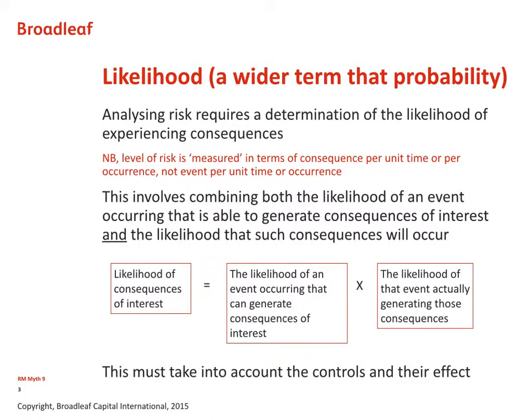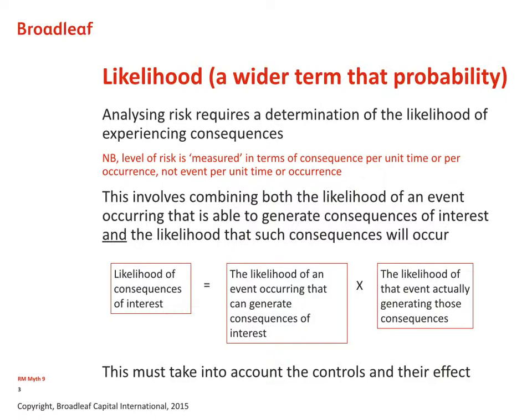The level of risk, which is the likelihood of the consequences I'm interested in, is equal to, and I've shown a product here, but sometimes it's some other relationship, the likelihood of the event occurring that can lead to those consequences, amongst others, and the likelihood that it will give rise to those precise consequences.